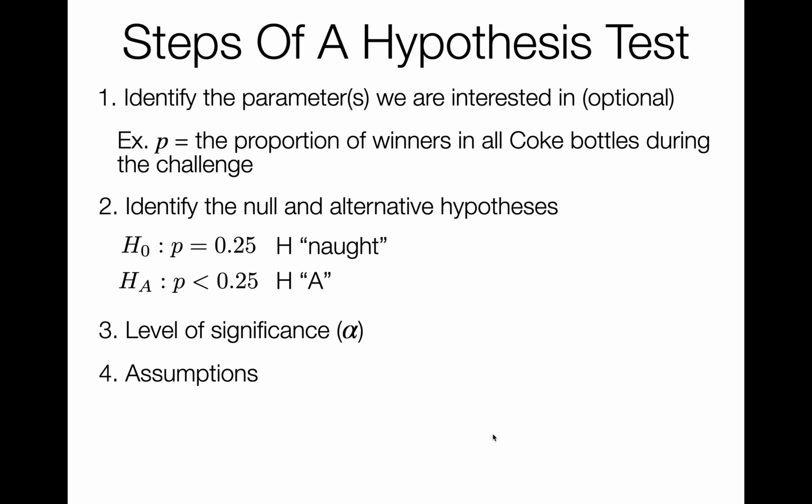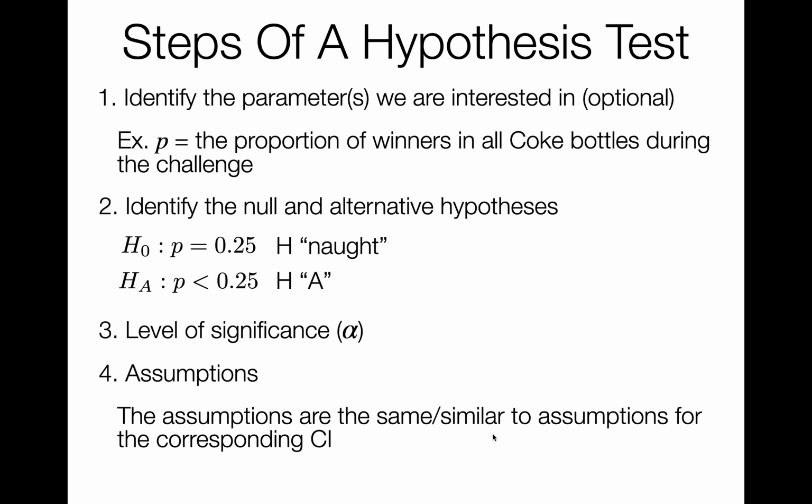Because we're using a sampling distribution, there are assumptions that go with that, and they're going to translate to the assumptions here. So the assumptions are going to be the same, or at least similar, to assumptions for a confidence interval or sampling distribution that we already did.